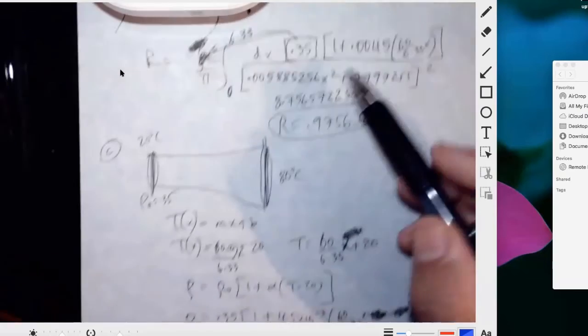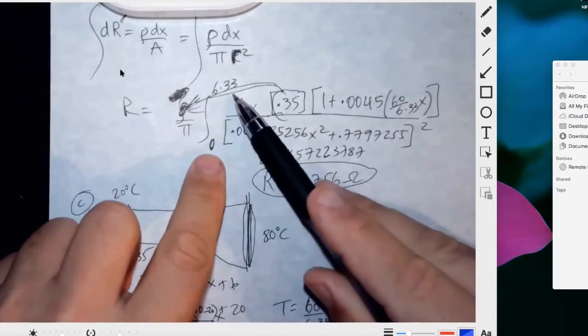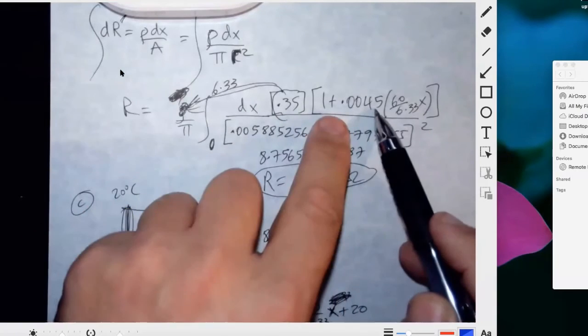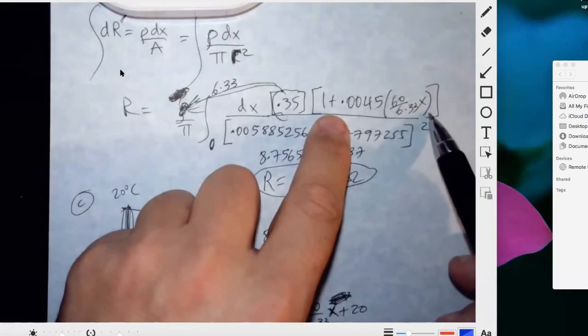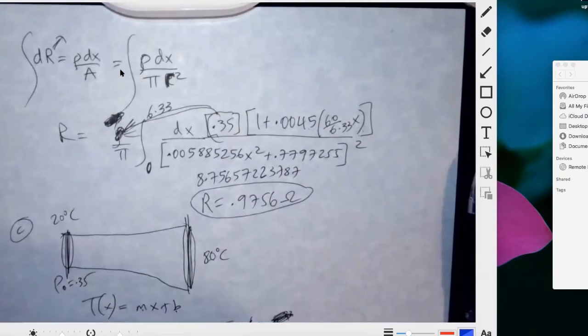Okay, let's see here. 0.35. I always want to double check. Now the resistance might even be bigger than before, even though it's opening up.